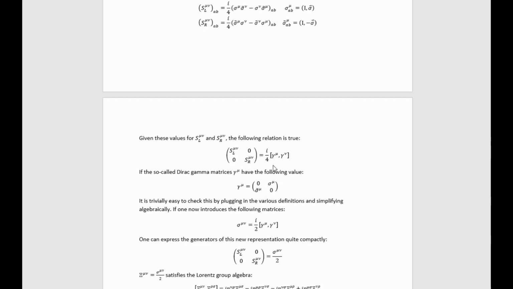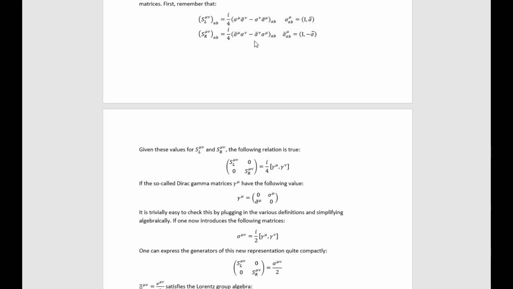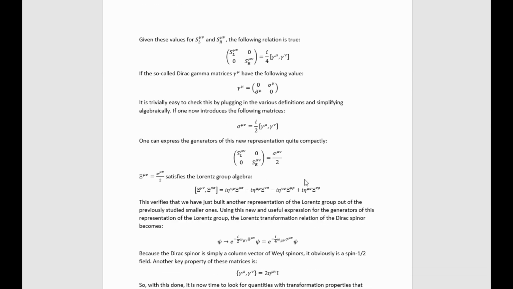You can literally plug it in and just see in your head that it in fact does yield those values for the SL and SR tensors. Oh, and by the way, this representation of the Lorentz group that the Dirac spinor transforms under is called the bispinor representation. I don't think I've said that previously.